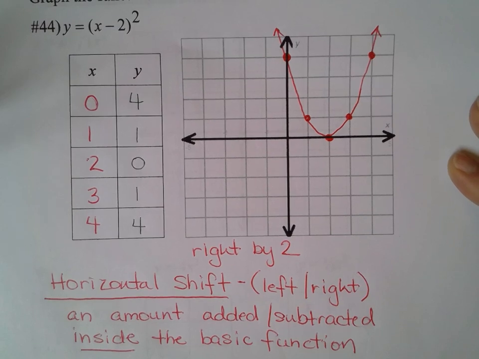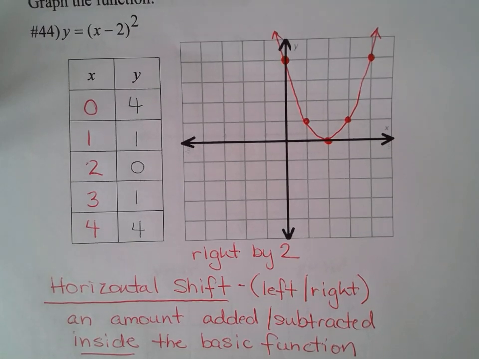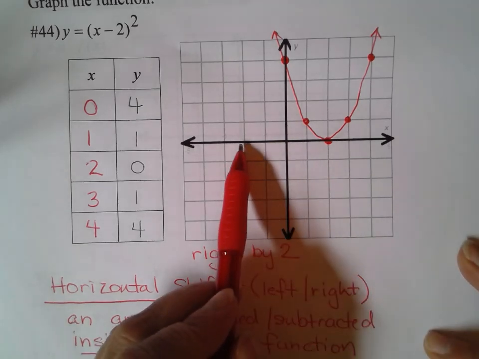So in this example, notice the -2 is inside the parentheses and inside the squaring. The squaring is giving us the shape, and that -2 on the inside of that squaring is going to shift it left or right. Now the left and right shift is opposite of our intuition. So we would think if I'm subtracting 2, I would shift it to the left.